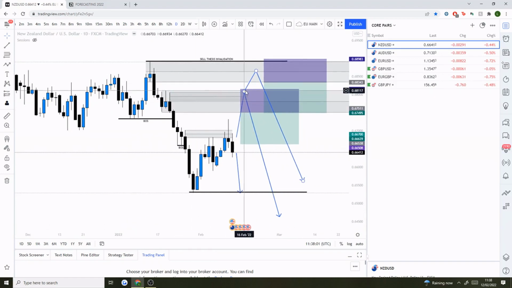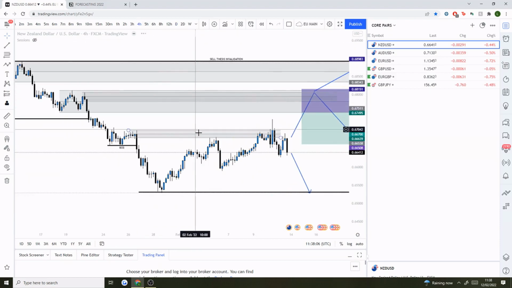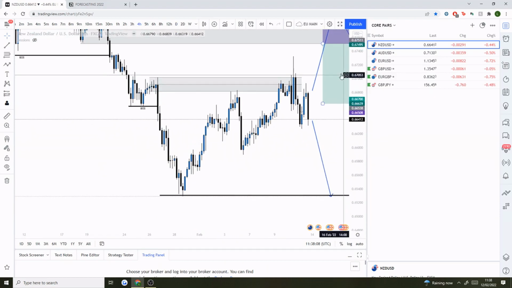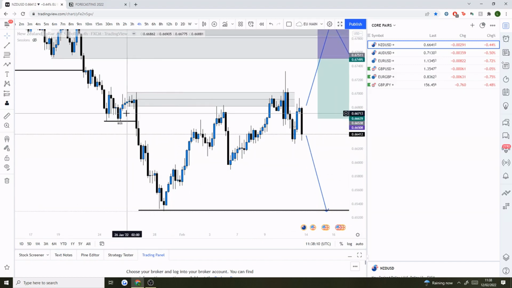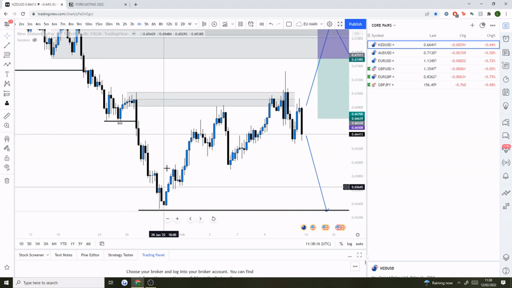So while I would like to see price come up into one of these two areas from a daily perspective, what I'm not going to ignore is what's happening on the 4 hour. So on the 4 hour, we broke structure here previously, and we have this order block here, which is what actually caused this break structure.